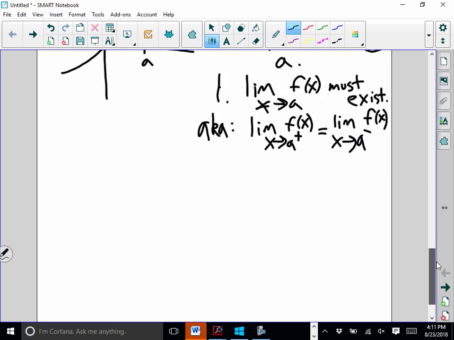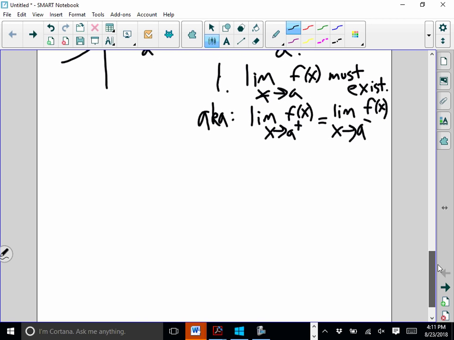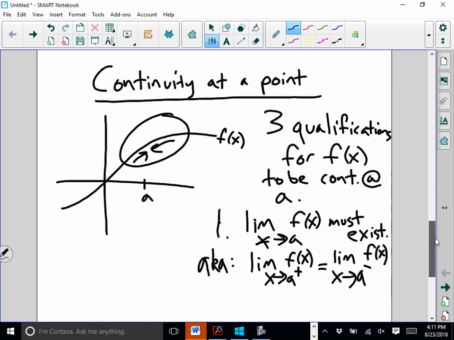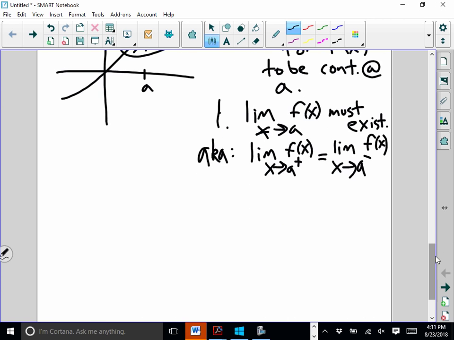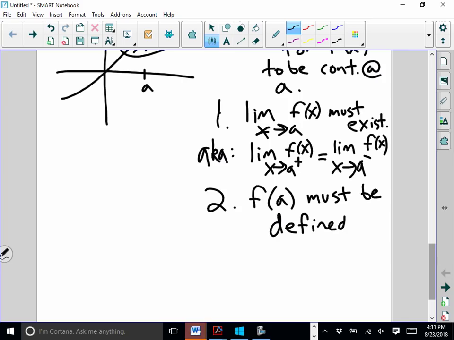The next thing we need is for the function to be defined. So f of a must be defined.